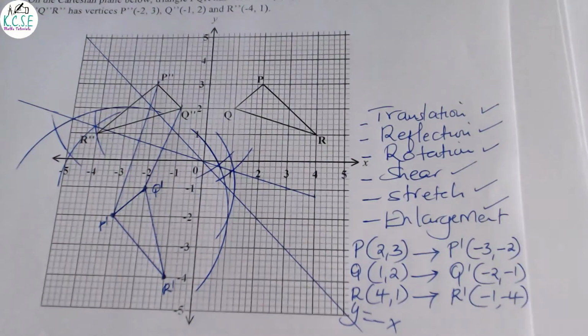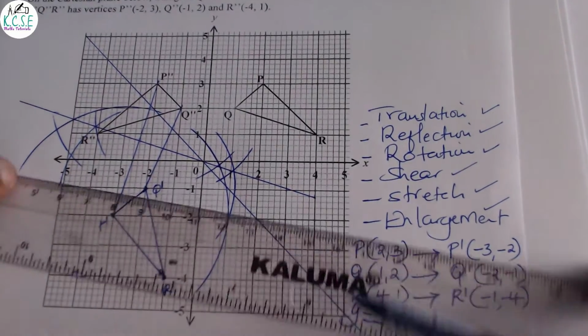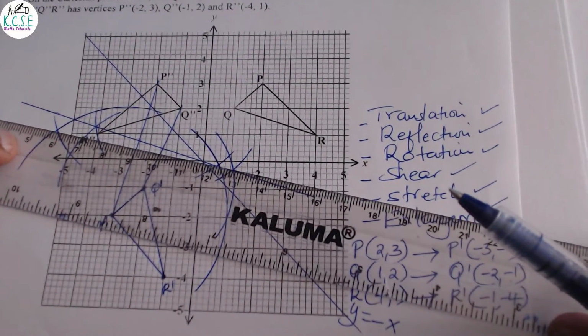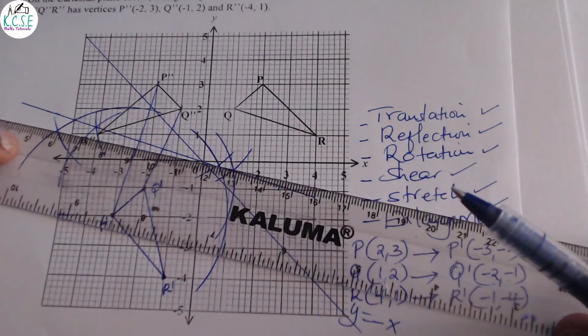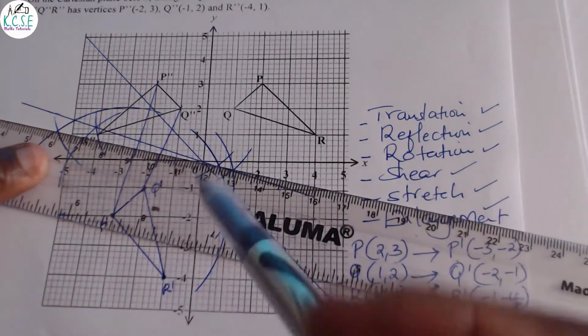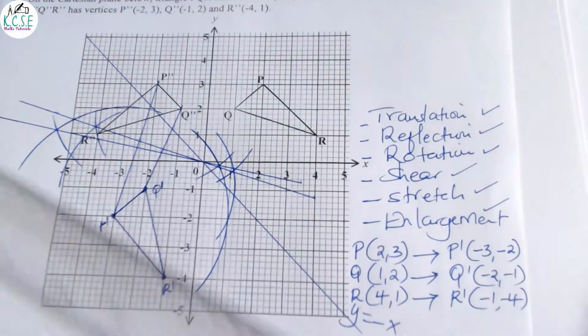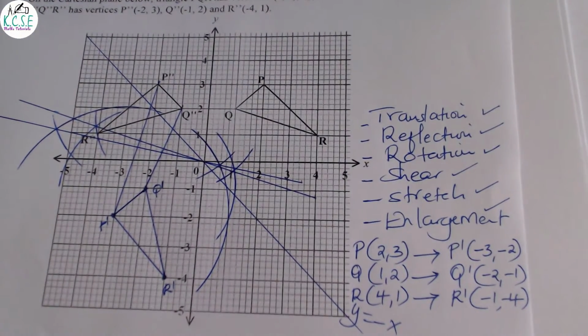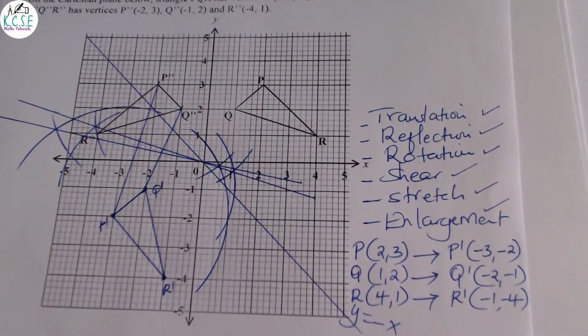You need to be very careful. There are so many arcs here, they can confuse you. The arcs are intersecting at this point. So that is how we do it. Where the two perpendicular bisectors meet, that is definitely the center.